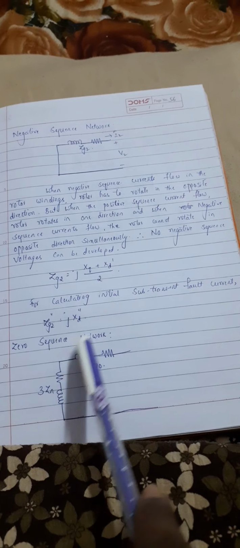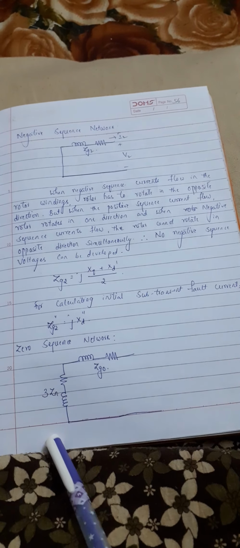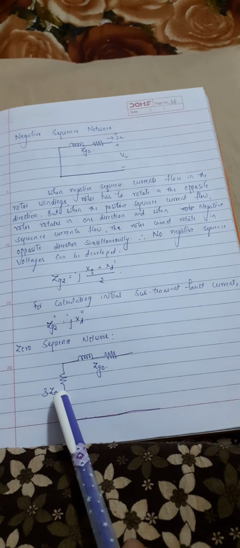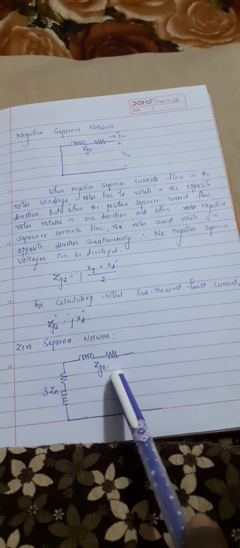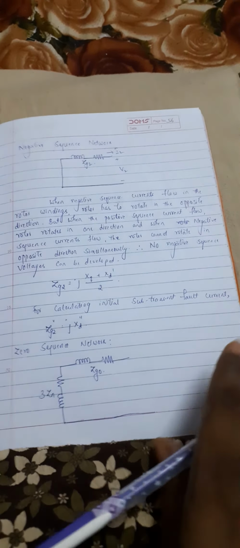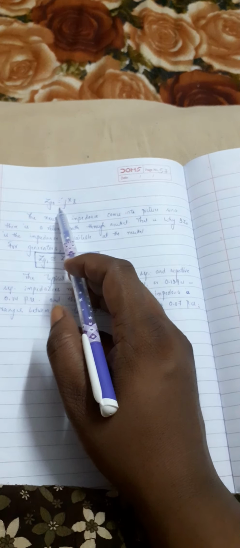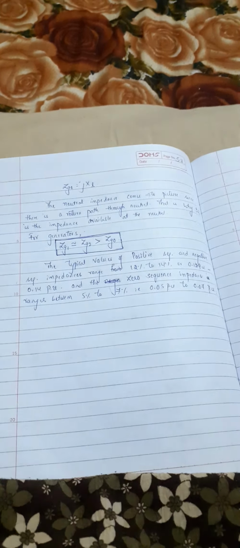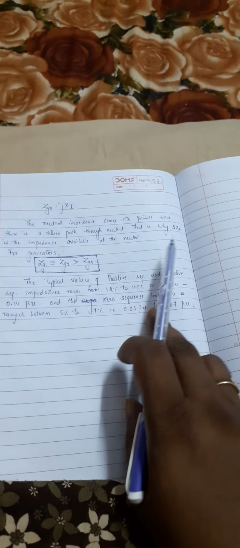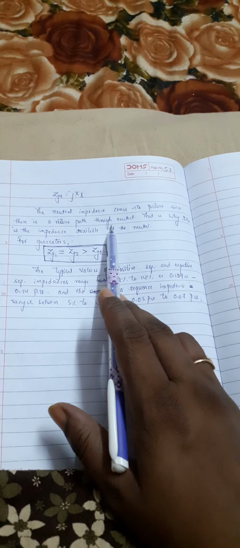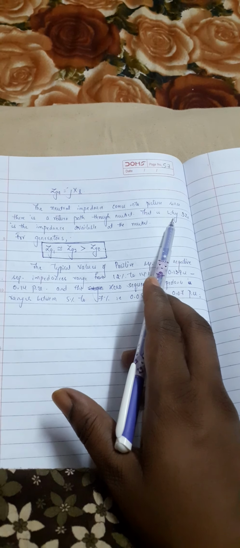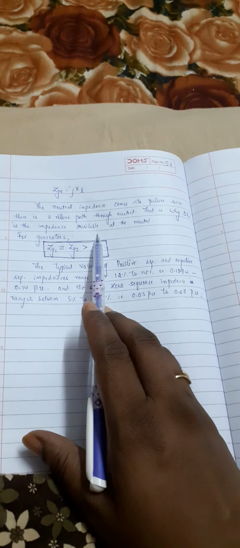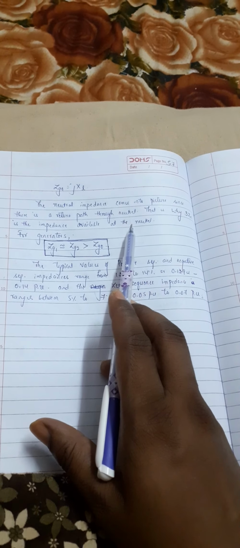Now coming to the zero sequence network, since there is a neutral path, the impedance here represented is 3 times Zn, and this is the ZG0. And ZG0 is nothing but j times XL, which is the leakage reactance of the winding. The neutral impedance comes into picture since there is a return path through neutral. So that is why the 3Zn term comes into picture, which is available at the neutral.